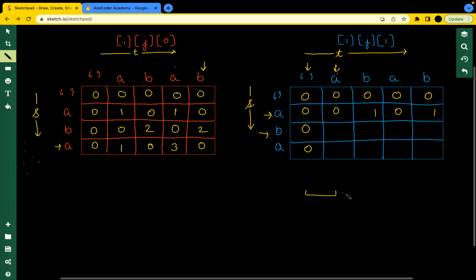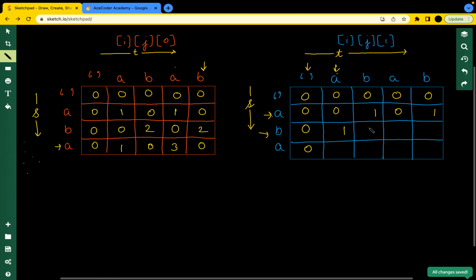So if they differ by 0 characters and if this string differs by 1 character, so this can contribute to this string differing by 1 character, right? So we will just here put the length of the string, right? So for this, we will just consider this one value plus the value at the previous index, not here, but in this index, which is 0. So here the answer will be simply 1.